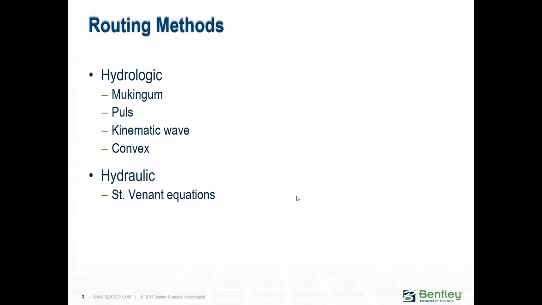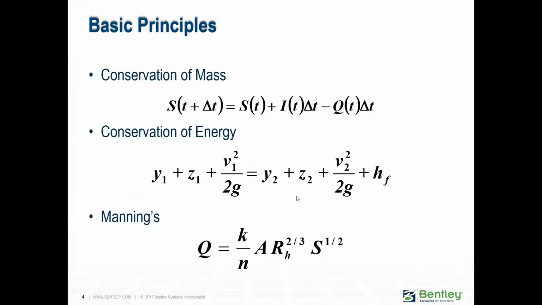But there are some cases, especially cases that involve flow backups, where full hydraulic routing is necessary. And that's why we have the implicit and the explicit solvers that use those dynamic solvers that solve the full Saint-Venant equations. So those models are based on sound fundamentals, conservation of mass, conservation of energy, and they use Manning's equation to calculate head losses.